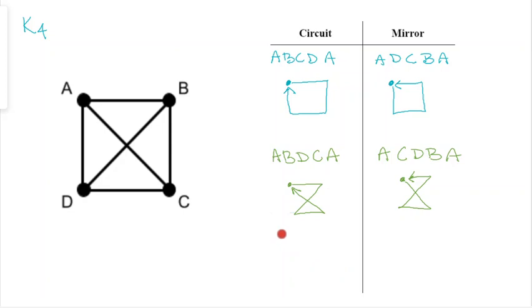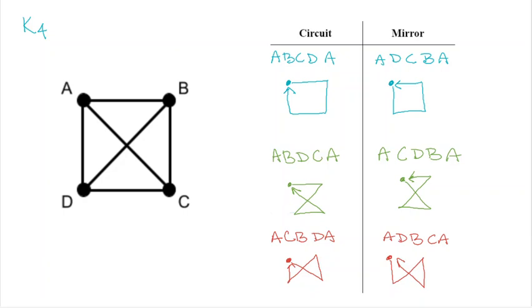Lastly, we could go A, C, B, D, A. Or the reverse, A, D, B, C, A. So you can see here, we have made 3 different shapes: the square, the hourglass, and the bow tie.